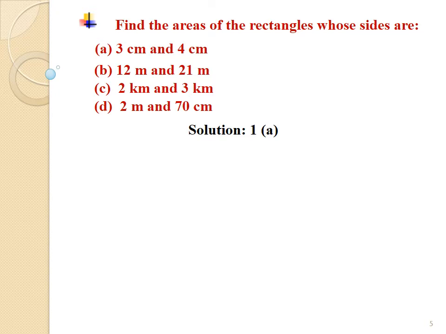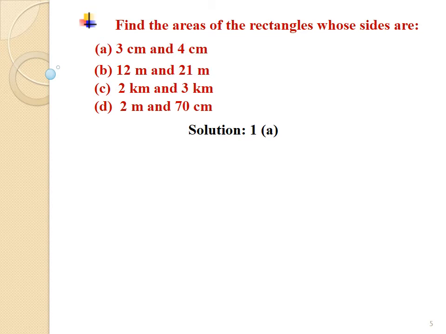In order to find the area of a rectangle using formula, you have to remember that the area of a rectangle equals length multiplied by breadth. So now, let us solve sum number 1, keeping in mind the formula and writing its length and breadth given to us.